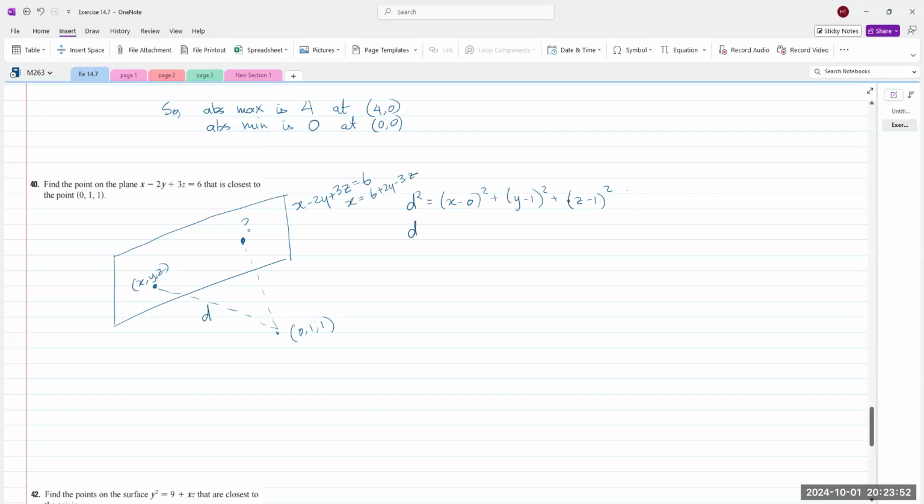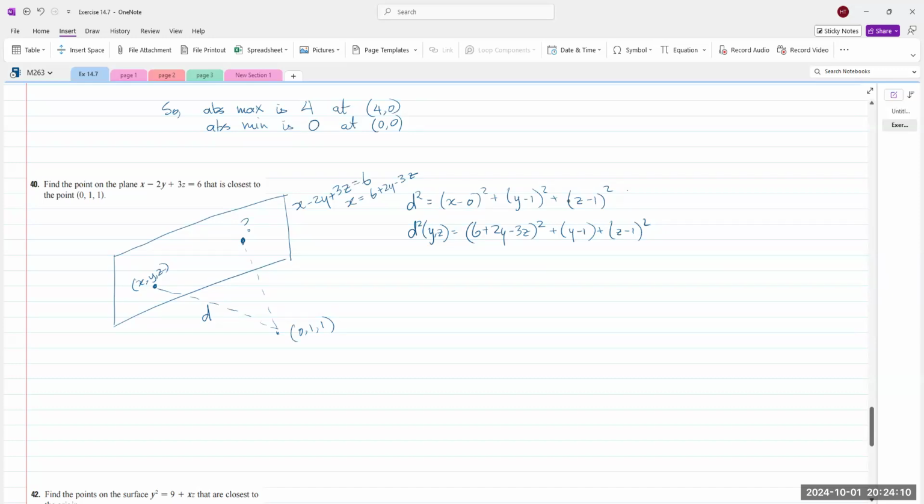So d squared as a function of y and z is equal to x squared, that's (6 plus 2y minus 3z) squared, plus (y minus 1) squared plus (z minus 1) squared.